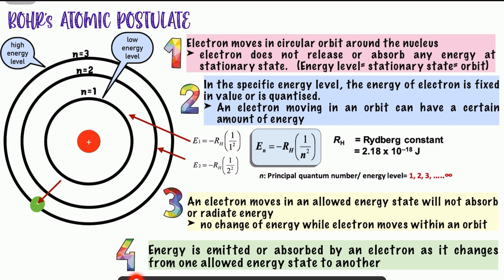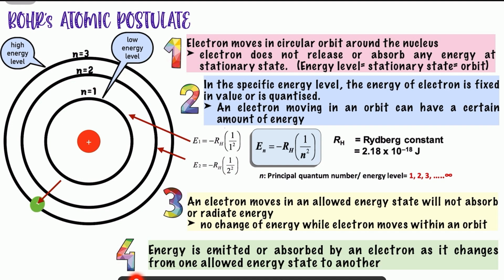For the example, initially electron is located at n equal to 1. So, when it makes transition from the lower energy level n equal to 1 to higher energy level n equal to 3, it will absorb energy.